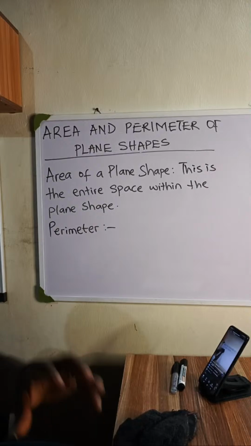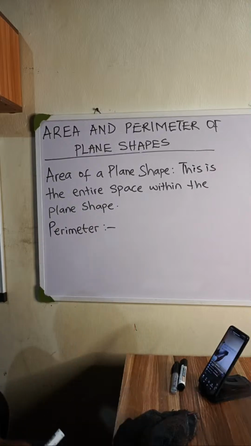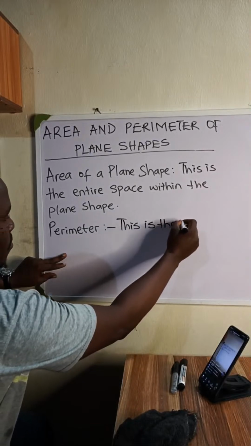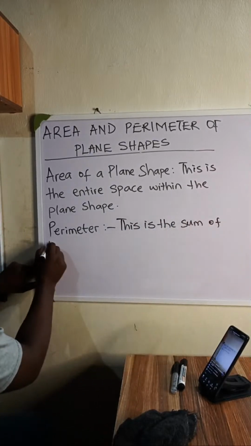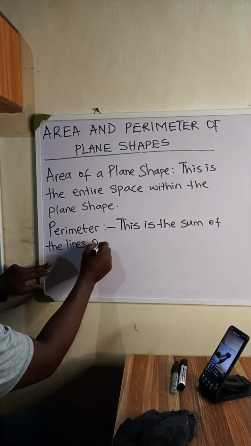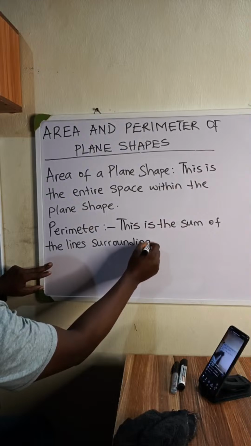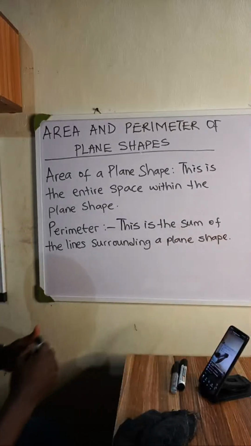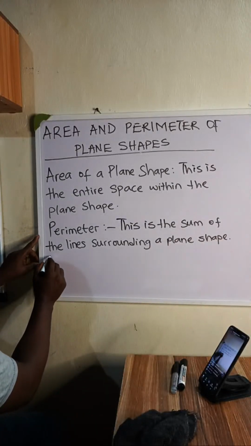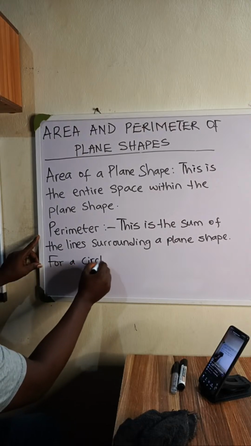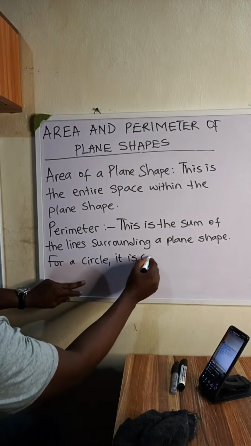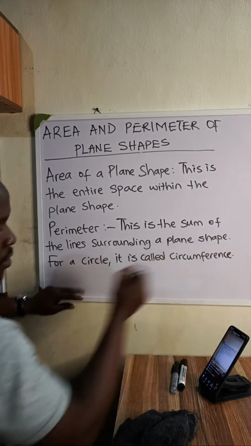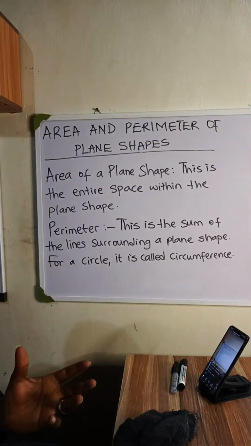So the perimeter of a plane shape is different from the area.